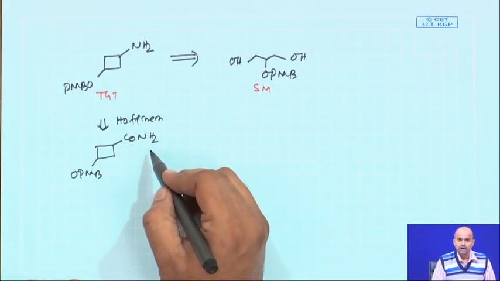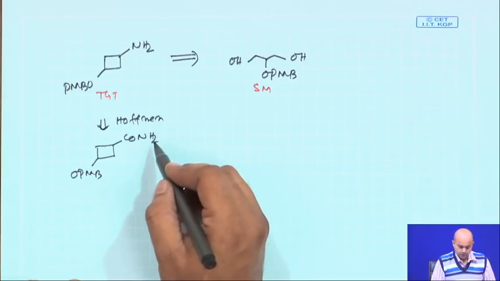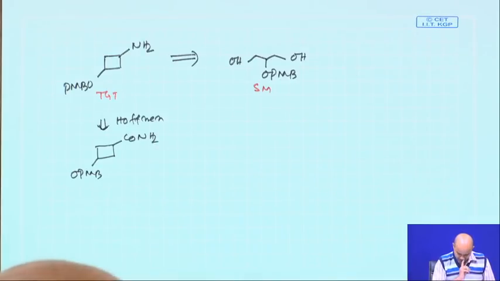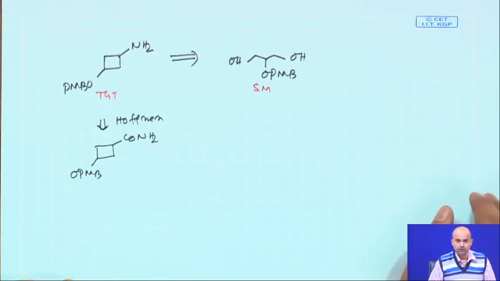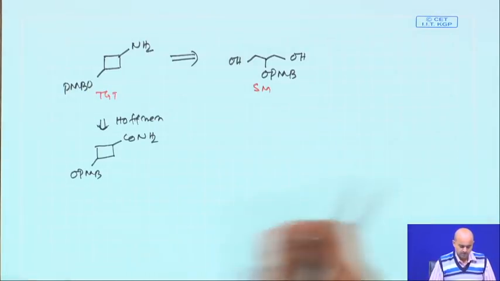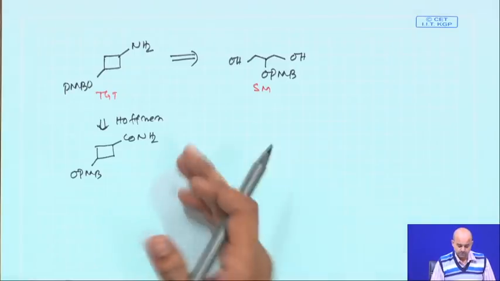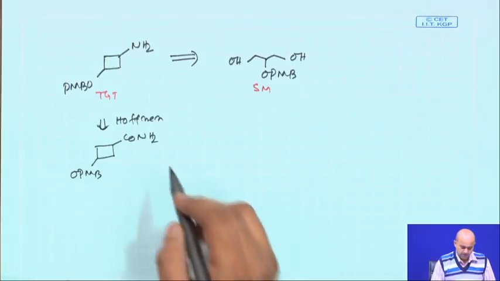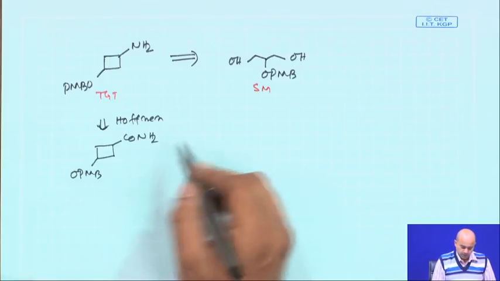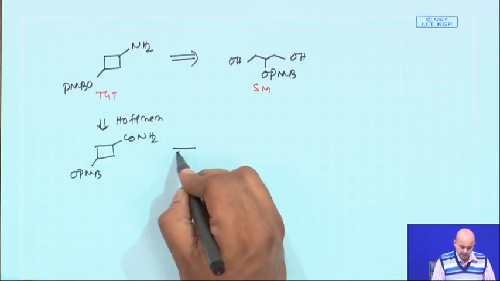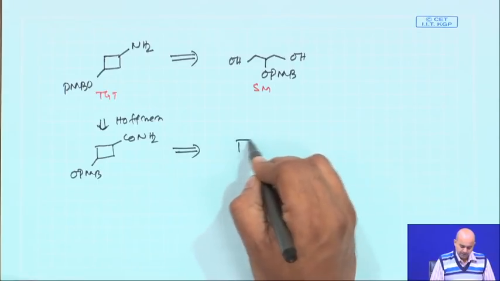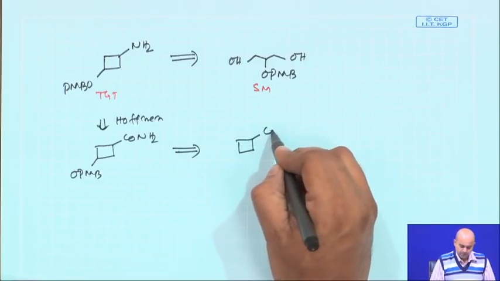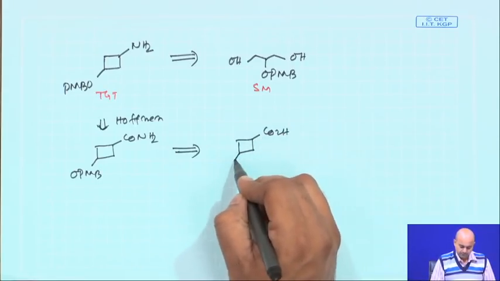Hofmann rearrangement, amide to amine, RCONH2 to RNH2, which is a standard reaction, which probably all of you know from 10+2 chemistry. So, Hofmann reaction is a very important reaction, and now this Hofmann amide you can easily construct from the corresponding carboxylic acid.